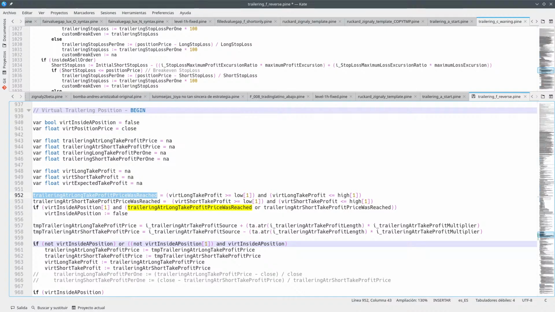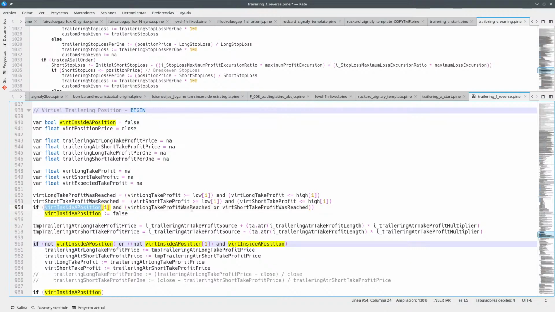And now we're going to have another variable and another variable here. Nice. That's it.